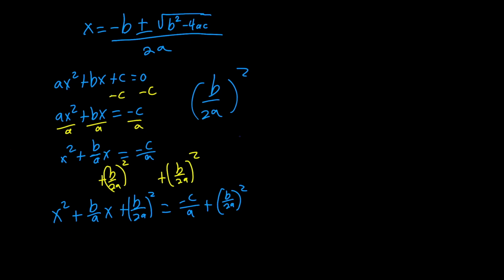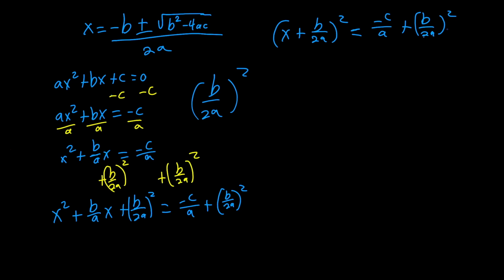So factoring the left side, we're going to get x plus b over 2a squared. And let's simplify the right side. We'll have negative c over a plus b over 2a squared.